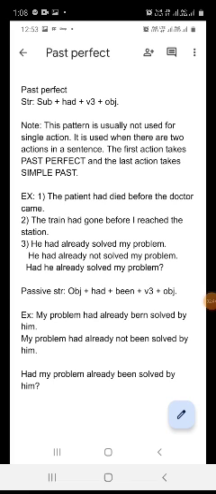Let us observe the example. In example number one, you will find that it is a single sentence, and in this sentence, there are two actions. How many actions are here? What is the first action in this sentence?